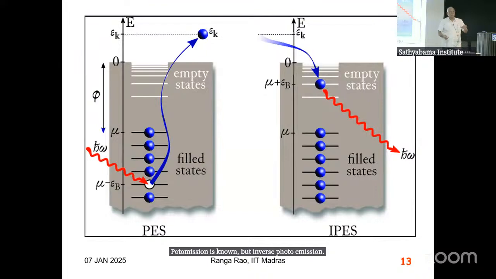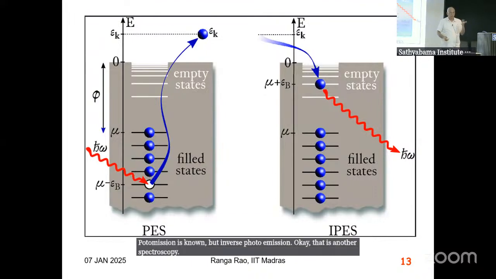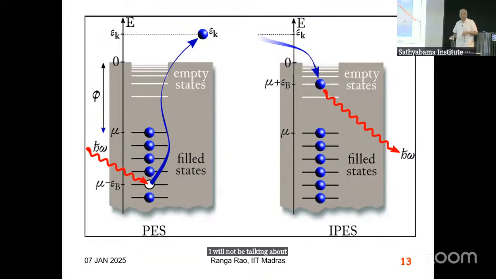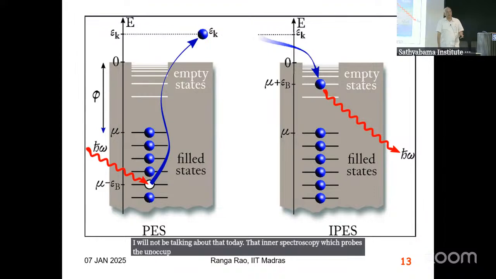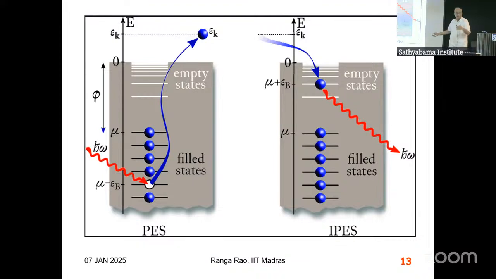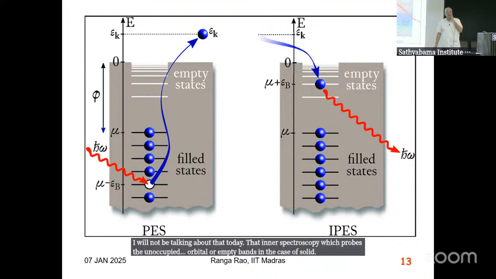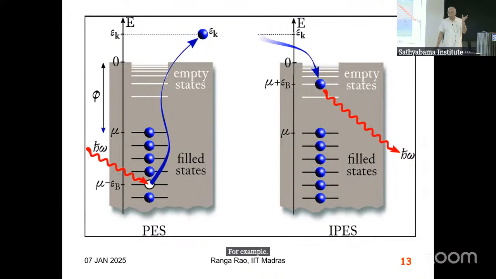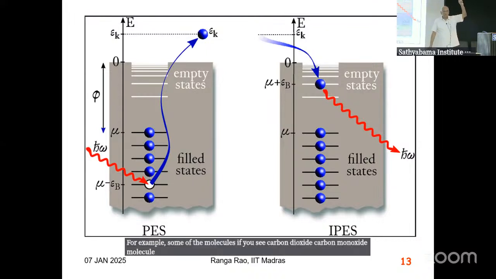Okay, that is another spectroscopy. I will not be talking about that today. That spectroscopy probes the unoccupied orbitals, or empty bands in the case of a solid. For example, in molecules like carbon dioxide and carbon monoxide, there is a 2 pi molecular orbital which is unoccupied.